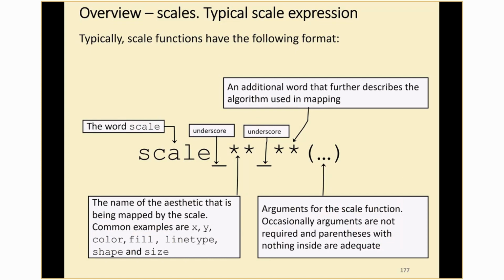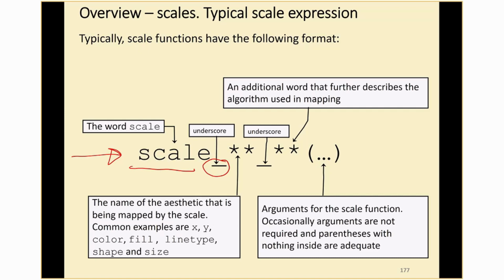So if we think about scales as being the functions that bring about the aesthetic mapping, then we can think about what these functions are going to look like. And here's a typical scale, a typical function. It's got a bunch of different components. First, it's got the word scale. Then it's got an underscore.